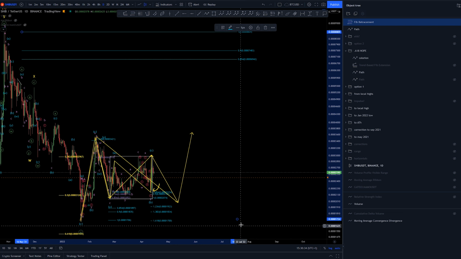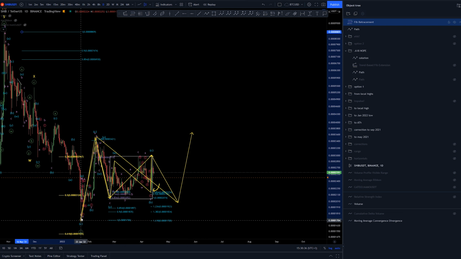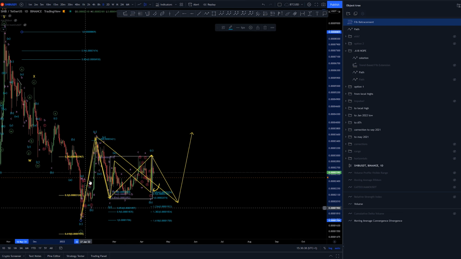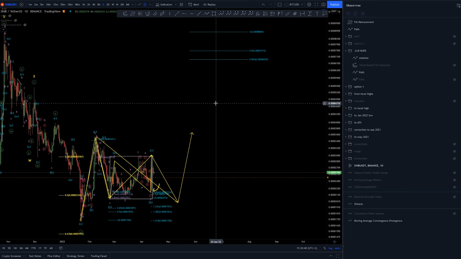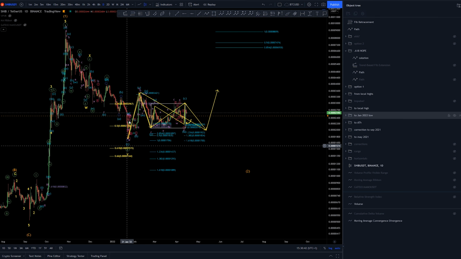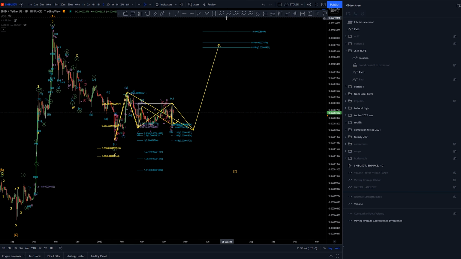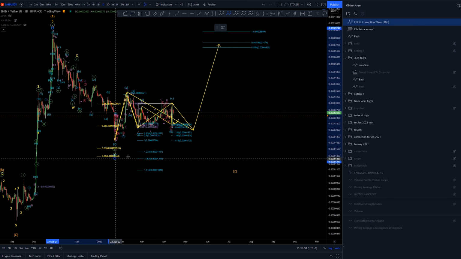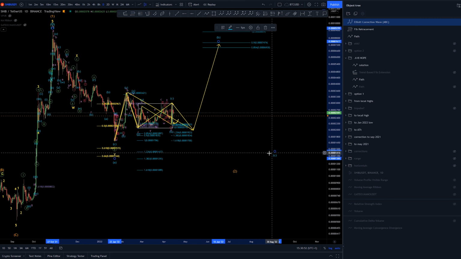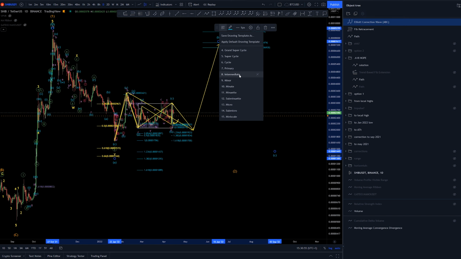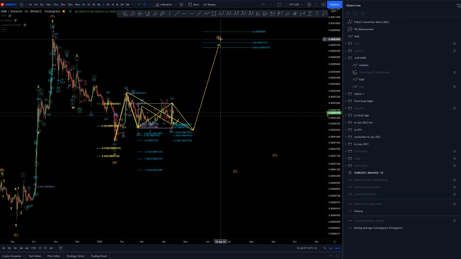Let's see if I get this pretty close. So we would need to come around these areas for this wave structure for it to be able to be a B wave. And let me label that for you so we understand what I'm talking about. Whether it's B or X, not sure.